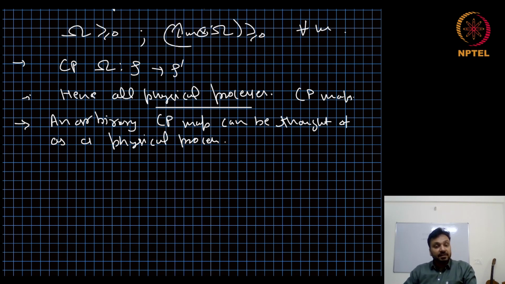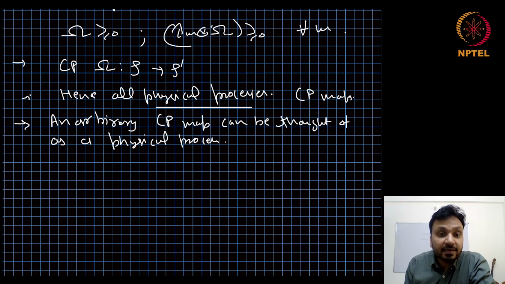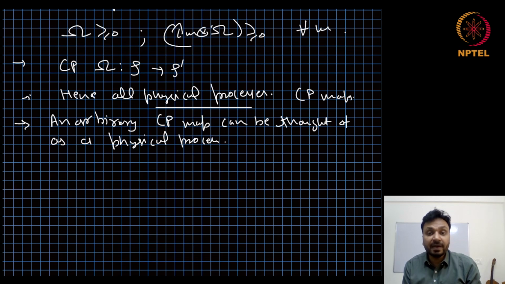Or in simpler words, if we have an arbitrary completely positive map, then we can always find a physical process representing that map. So in that way, completely positive maps represent physical processes, and physical processes can be represented by a completely positive map. So the set of completely positive maps is equivalent to the set of all the physical processes we can perform on a quantum system.